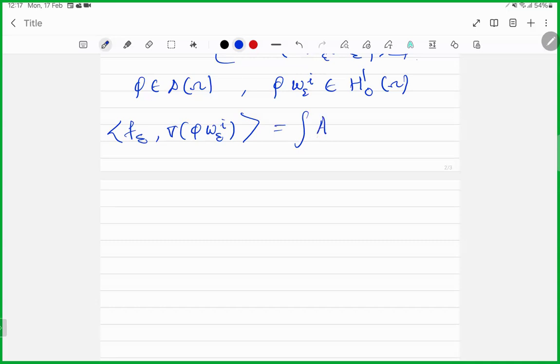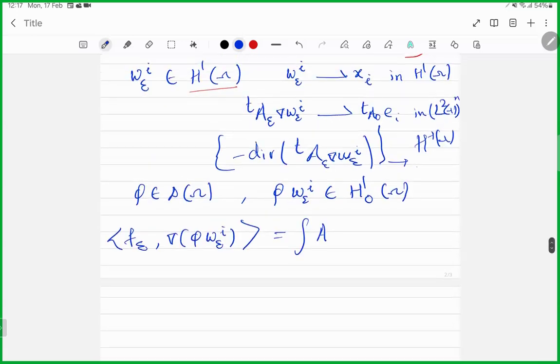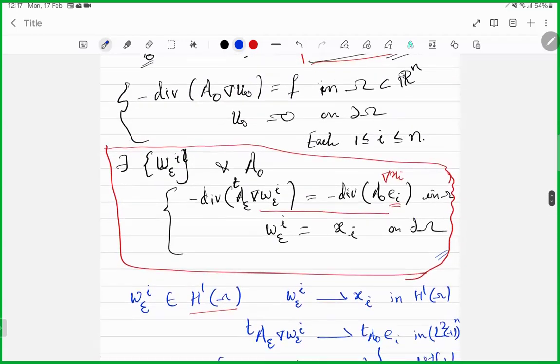Xi epsilon. Xi naught, yes. No, no. So here.